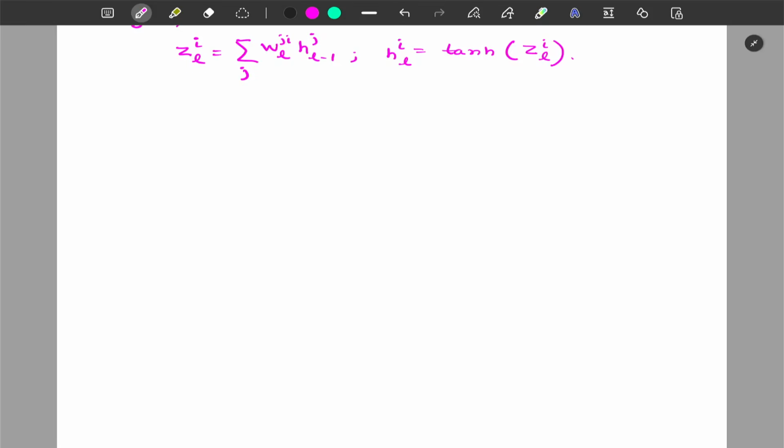Any weight is sampled from a Gaussian with zero mean and sigma w squared as the variance. These are things we know.